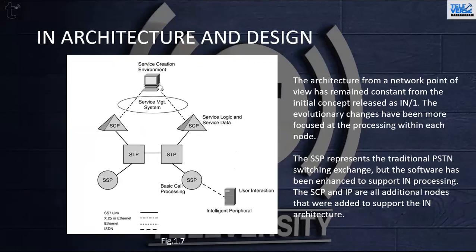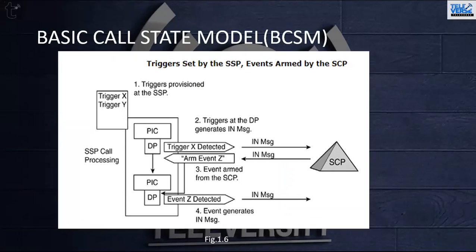So there's an example of a basic call state model. Number one, you see that triggers are provisioned at SSP, which means SSP gets information from HLR. Number two, once it gets that information, it triggers the detection points. It generates a message, so you can see the arrow pointing to the SCP.